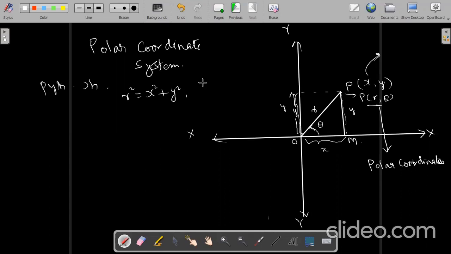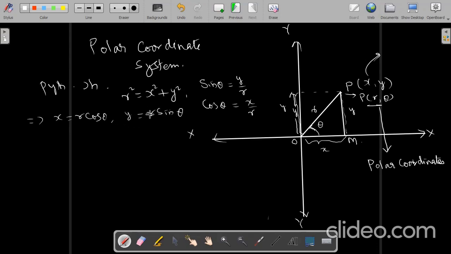And if you find sin theta here, sin theta is equal to opposite side upon hypotenuse, y upon r. You remember cos theta is equal to x upon r. So we can say that x is equal to r cos theta and y is equal to r sin theta.